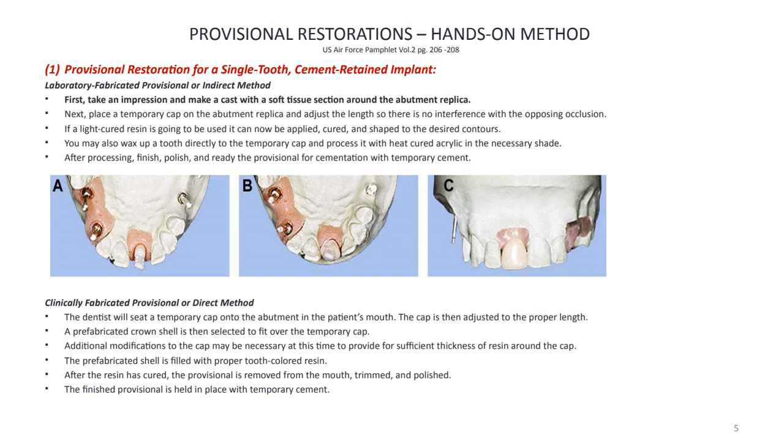A prefabricated crown shell is then selected to fit over the temporary abutment. Additionally, modification to the cap or the abutment may be necessary at this point to provide sufficient thickness of resin around the cap. And this is necessary sometimes because, let's say, the abutment wasn't placed in the ideal position. Maybe it's a little more lingual or a little more labial or buccal.